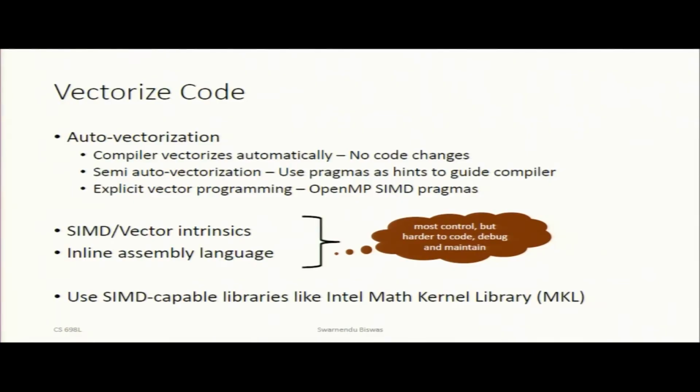It is more work for you, less productive, right? Another option is to use SIMD capable libraries. When you are writing programs, say you are doing basic linear algebra operations, you can use libraries like the Intel Math Kernel Library, which already has support for vectorization. So these are things that you need to be aware of when you are serious about developing an efficient application, an efficient software, right? Make sense?